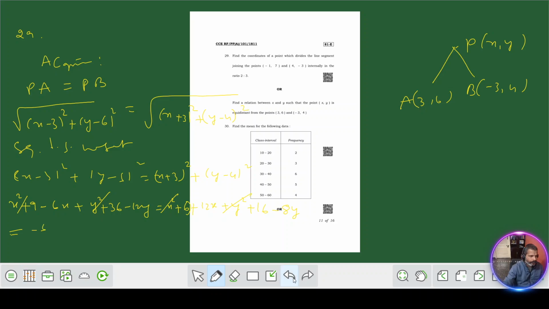We'll solve this. Wait. y square minus 6x minus 6x plus 12y, sorry, minus 12y, right?